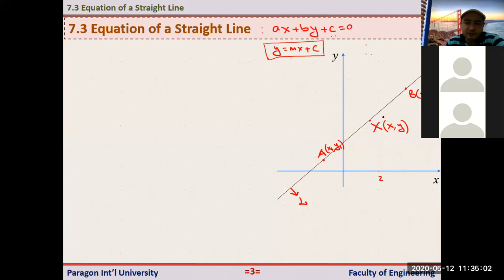Since all these 3 points are lying on the same straight line, I will use this idea: the gradient of AX must be equal to the gradient of AB.